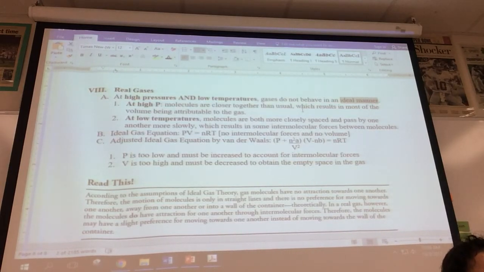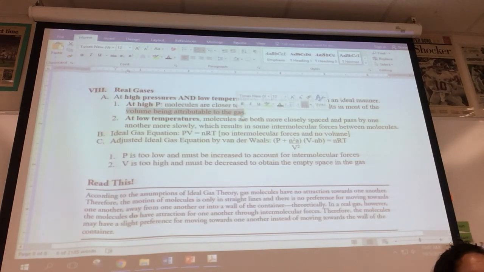Watch the wording. Some kids don't know what deviate means. What does deviate mean? Like go against the norm. Like a deviated septum, it's busted. So against the norm. At high pressure, molecules are going to be closer together than usual, and as a result, some of the volume is truly attributable to the gas.